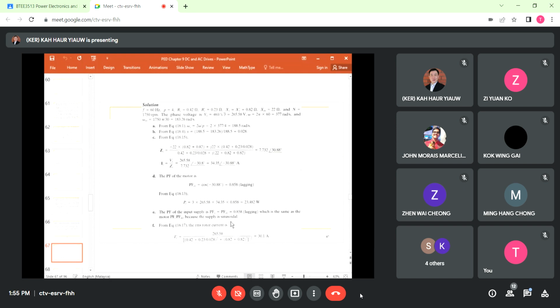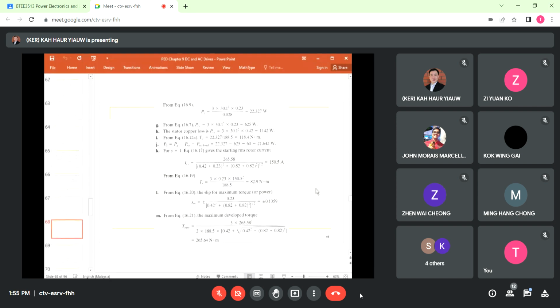This is because the supply is sinusoidal. In equation 17, the RMS rotor current can be obtained here as 30.1 amps. So the gap power Pg from equation 9 can be obtained, which gives the value of 22,327 watts.